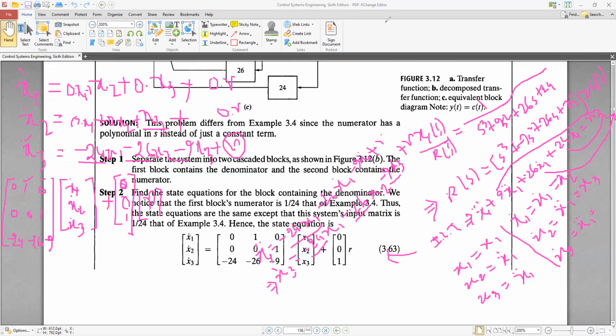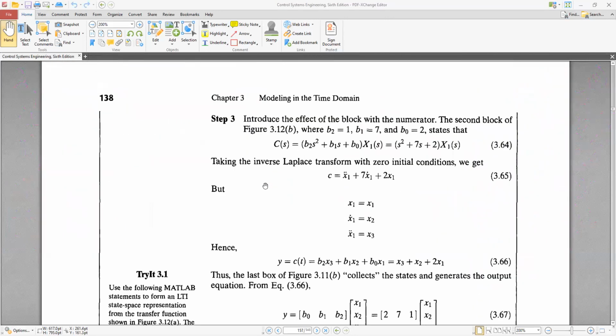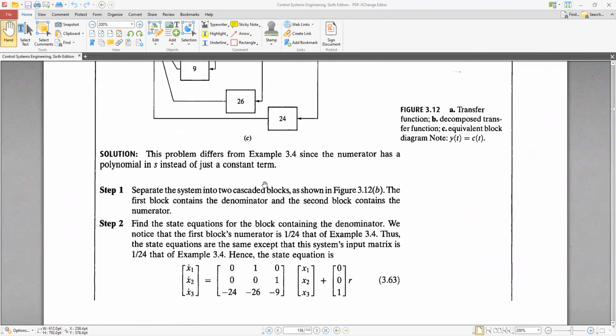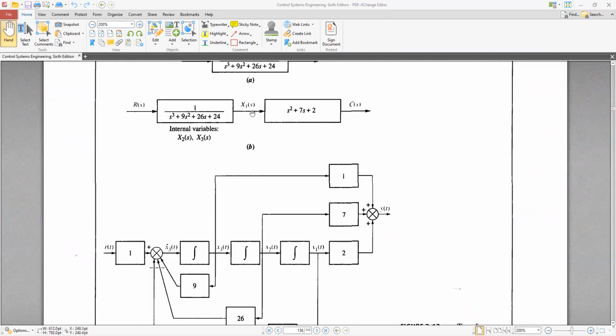Now, if you look at the final one, this is the input and this is the output. So for the final one, since it is the output, C(s) by X1(s) is equal to s squared plus 7s plus 2.